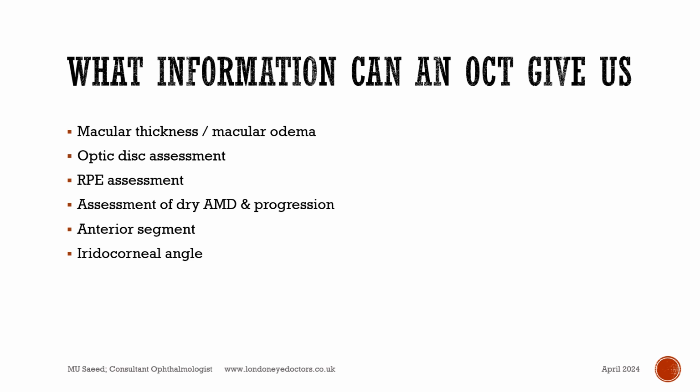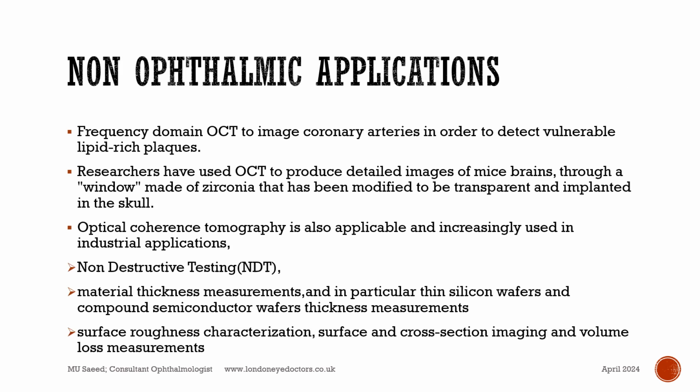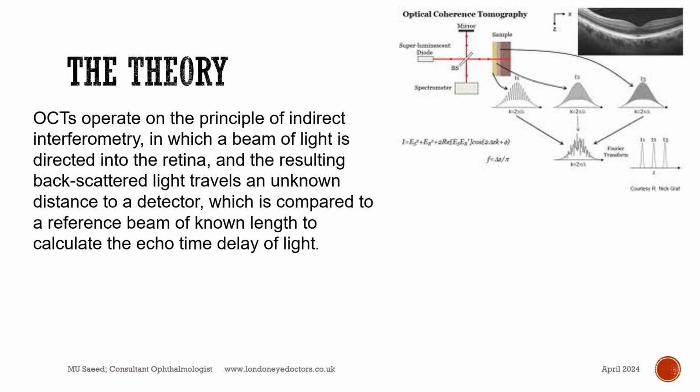Anterior segment OCTs and iridocorneal angle OCTs can be obtained to give information about the status of the cornea and the status of the iridocorneal angle, which is quite useful in glaucoma. Apart from the uses in ophthalmology, there are a lot of uses in the general industry regarding OCTs.